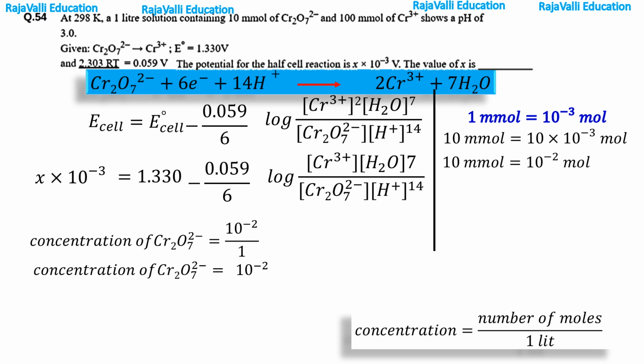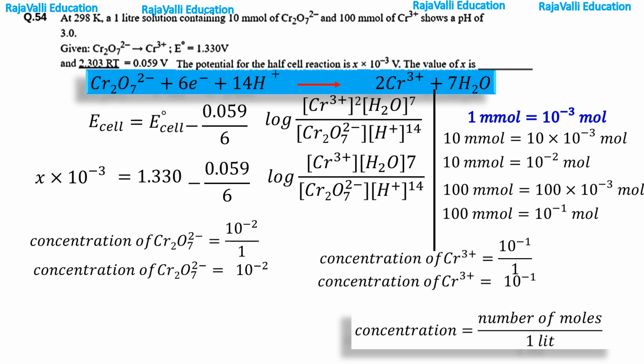And for the concentration of Cr3 plus, again we have to change it. 100 millimoles equals 100 into 10 to the power of minus 3 mole. So 100 millimole equals 10 to the power of minus 1 mole. So the concentration of Cr3 plus is equal to 10 to the power of minus 1 mole per liter.